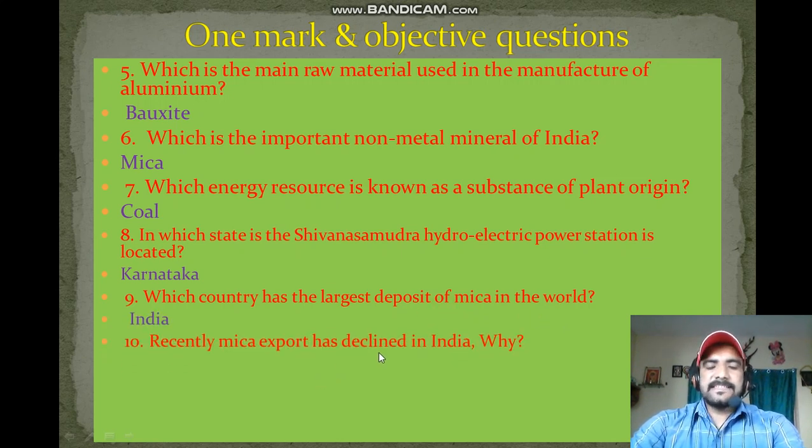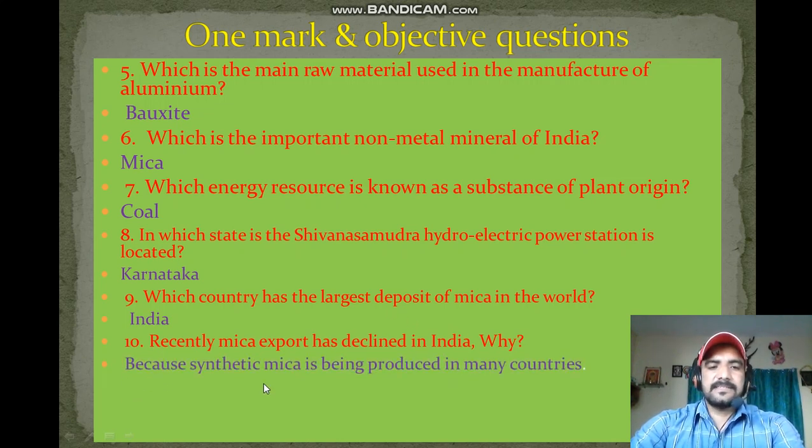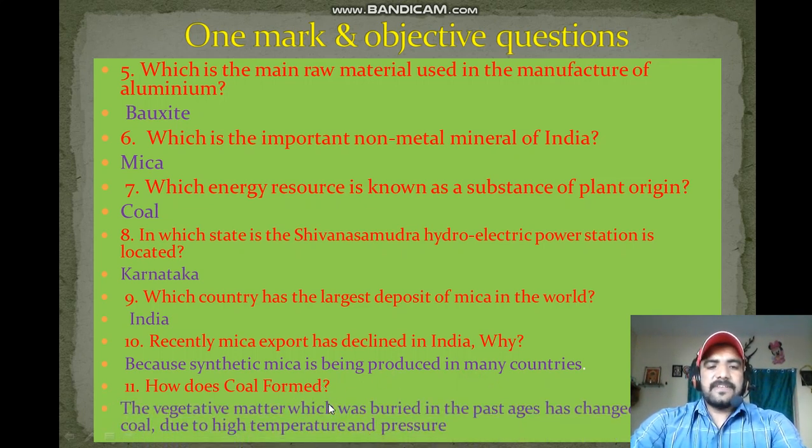Next one, recently mica export has declined in India. Why? Because synthetic mica is being produced in many countries, so export of mica reduces. Next one, how does coal form? The vegetative matter which was buried in the past ages has changed into coal due to high temperature and pressure.